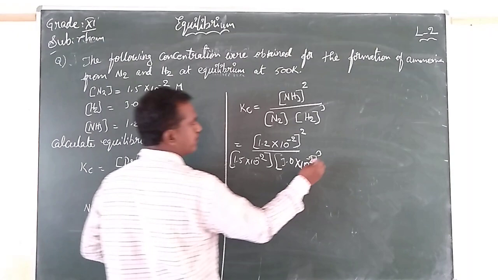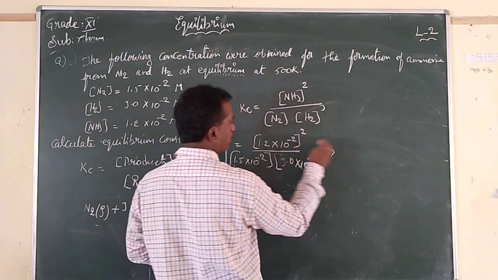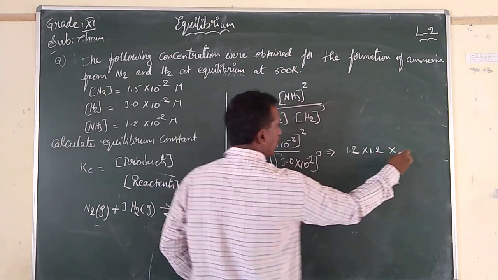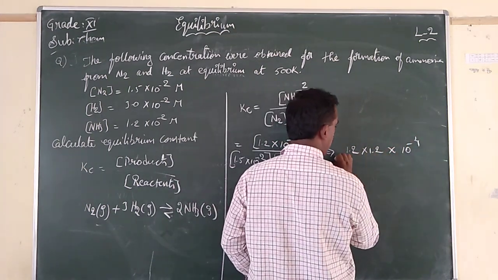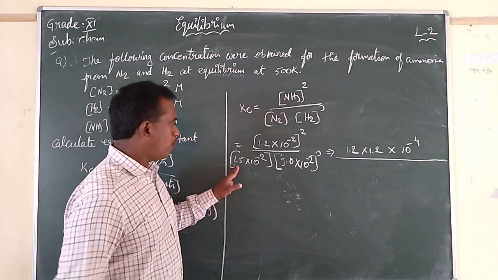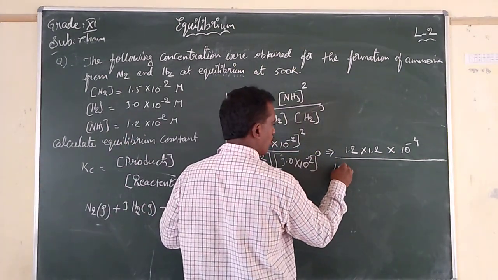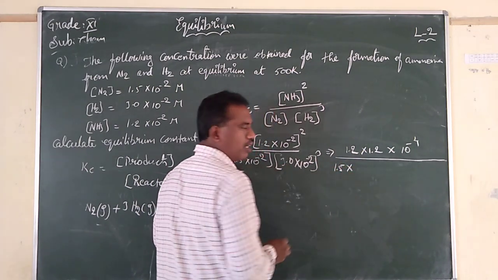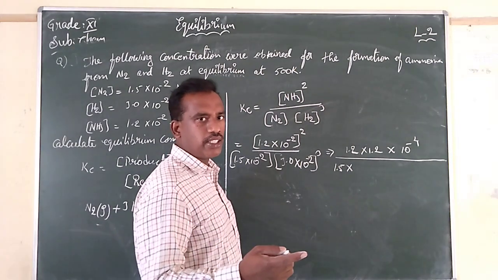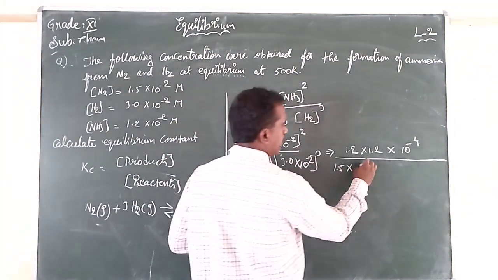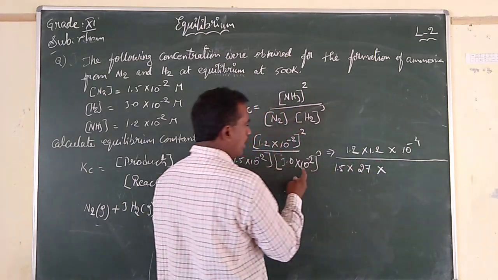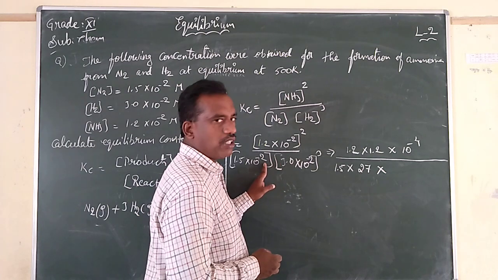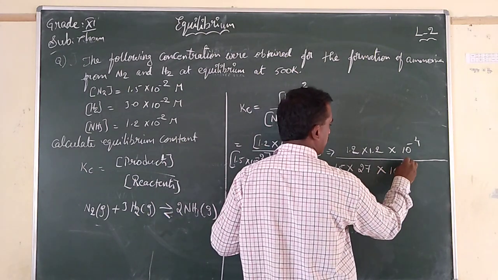Now can you write this equation as 1.2 into 1.2 into 10 power minus 4 upon 1.5 into 3.0 three times, 3 into 3, 3 3s are 9, 9 3s are 27. So 27 into 10 power minus 2 into 3, 6 is there, here minus 2 is there, so total 10 power minus 8 is there.